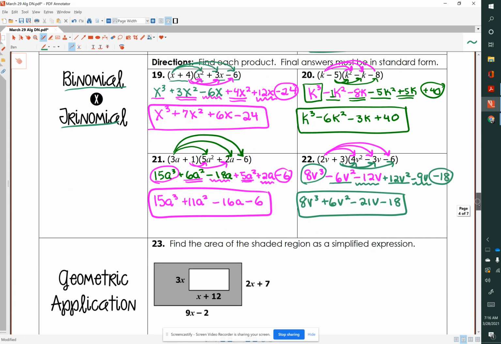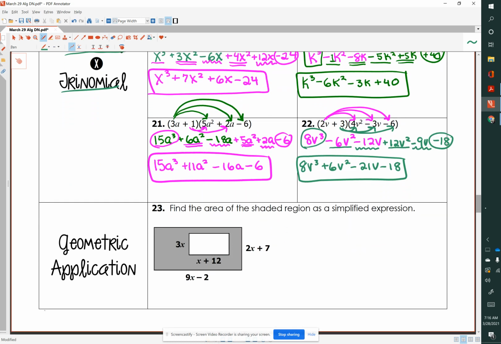So we have a geometric application here. We're going to find the area of the shaded portion.